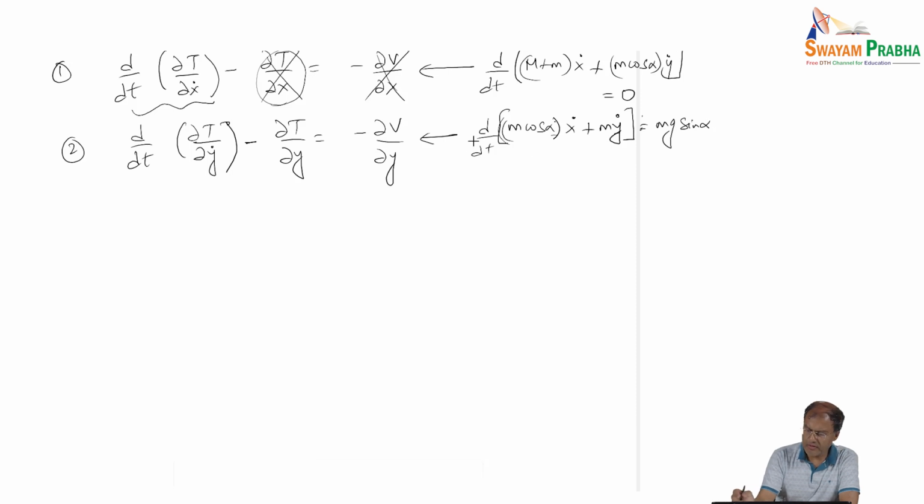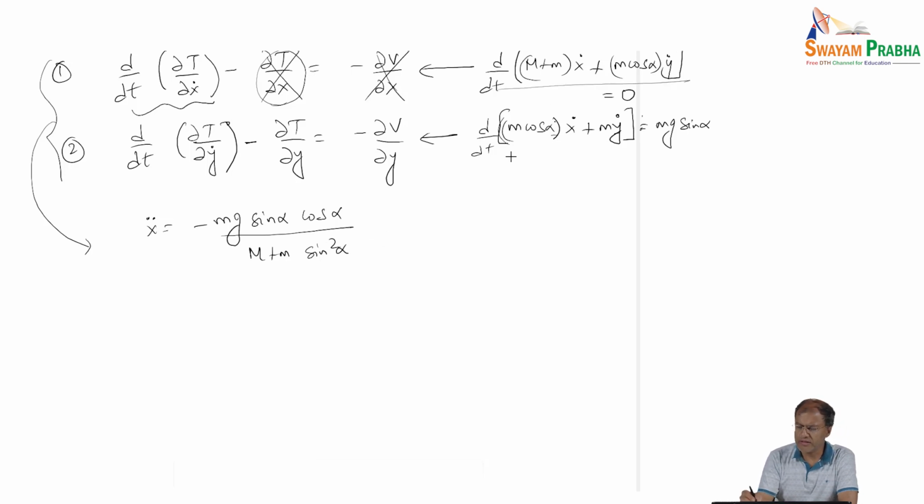And from these two equations, we see that x double dot is minus mg sine alpha cos alpha divided by (M plus m sine square alpha).